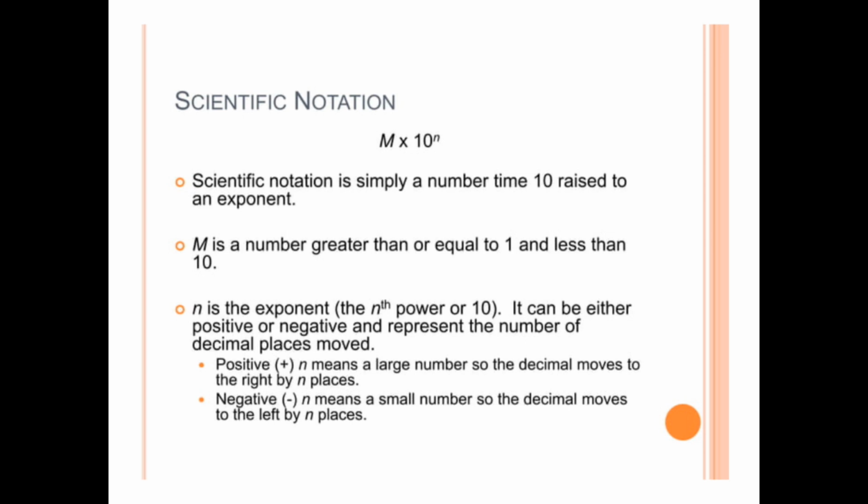The scientific notation is simply a number times 10 raised to an exponent. M is a number greater than or equal to 1 and less than 10. Then n is the exponent, the nth power of 10. It can either be positive or negative, and it represents the number of decimal places that are moved.